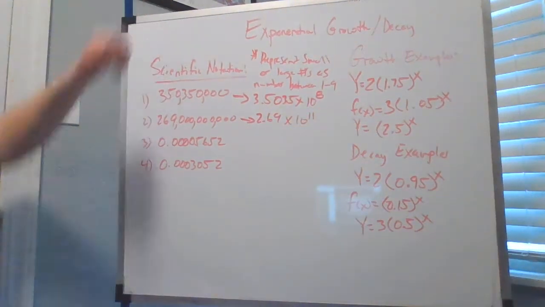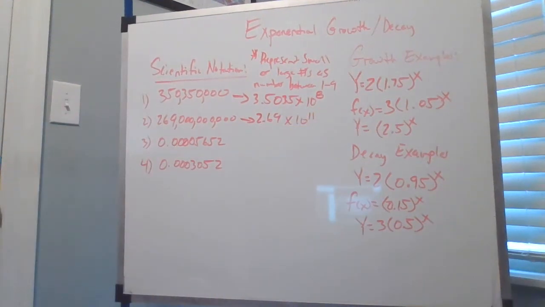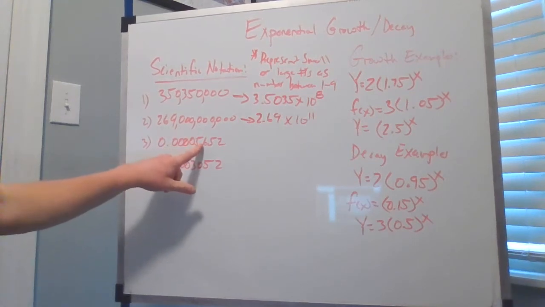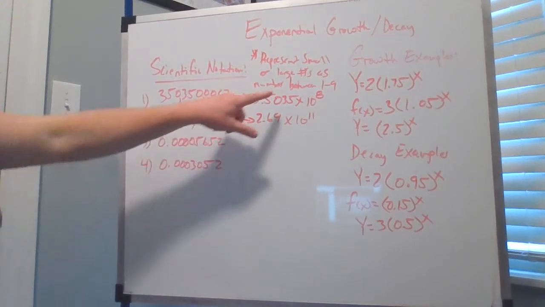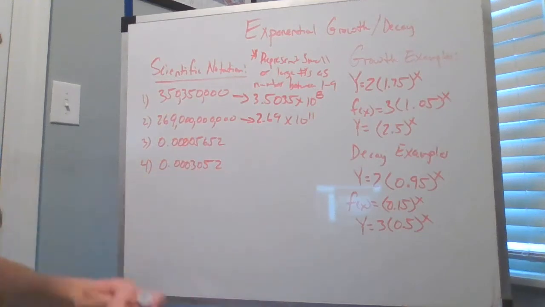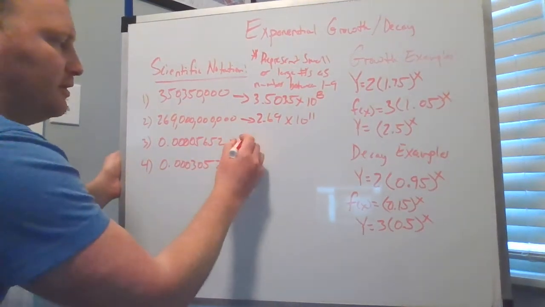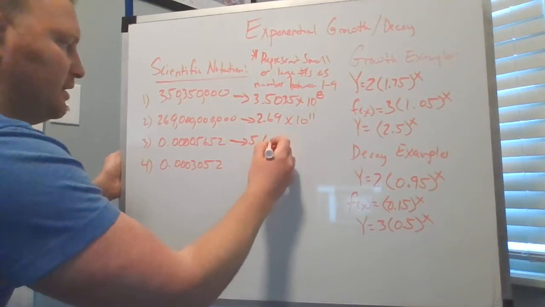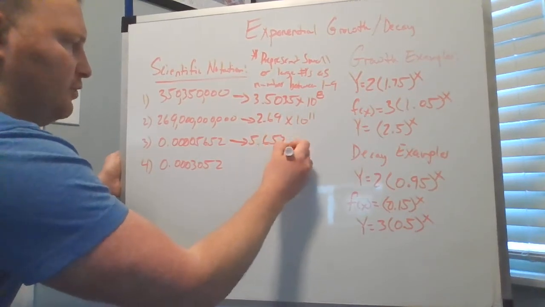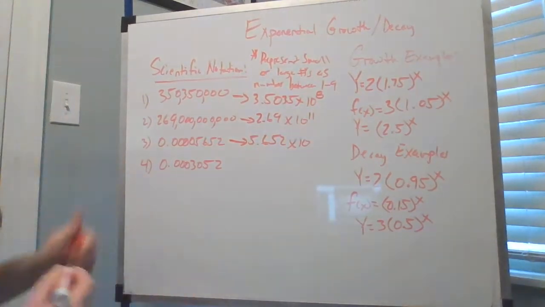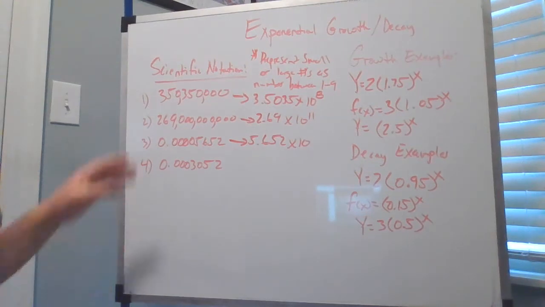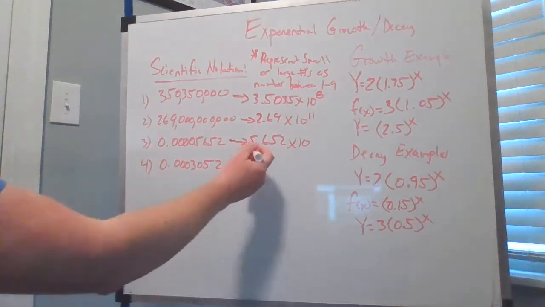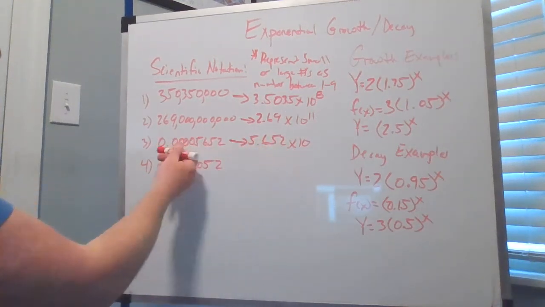All right. Now, how do I do it with these really small numbers? Again, I move this decimal point between the 5 and the 6 so that it's represented as a number between 1 and 9. So that's 5.652 times 10 to the... Now, here's the difference. When I'm representing these small numbers in scientific notation, my exponent is going to be negative because I have to move this decimal point back to the left.